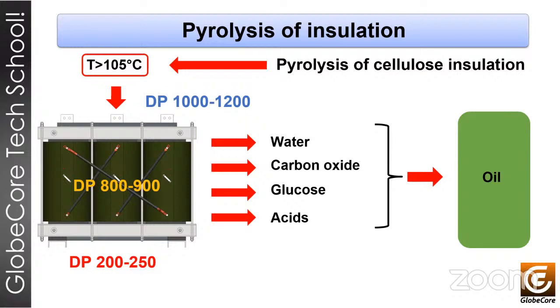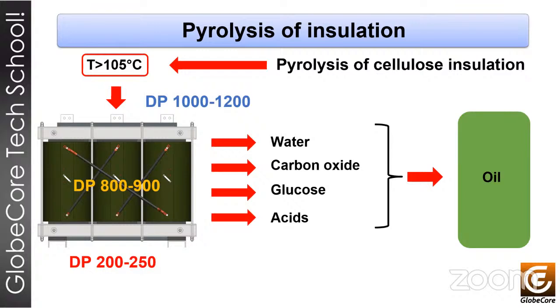As a result, the mechanical and physical properties of the insulation deteriorate, and therefore the service life of the transformer decreases significantly. The life of the paper insulation of the winding is considerably ended when the degree of polymerization of the paper decreases to 250 units or less.